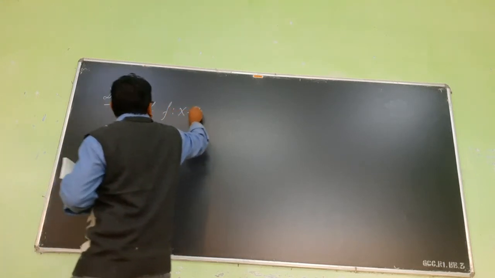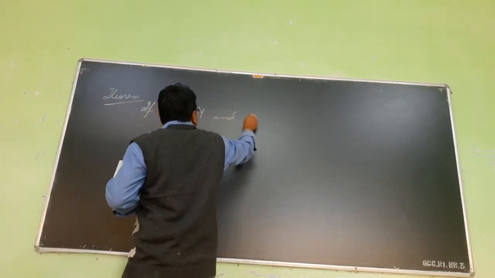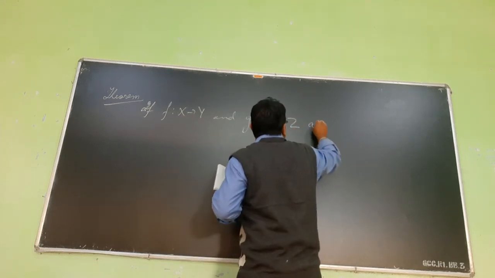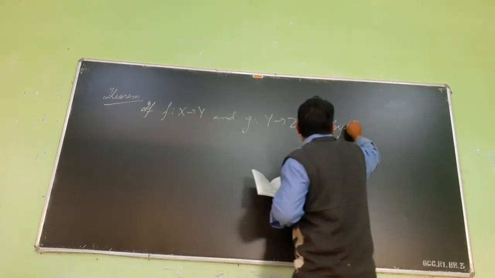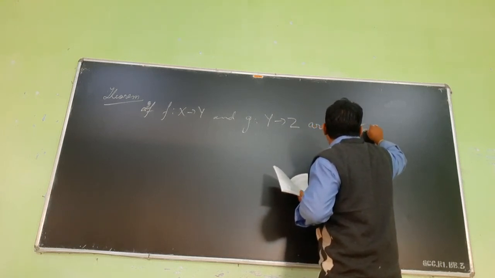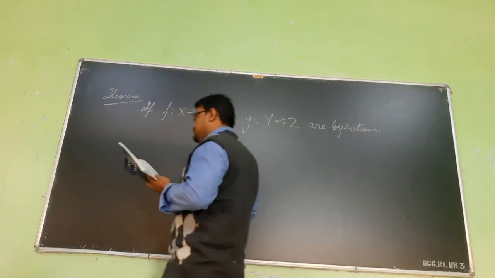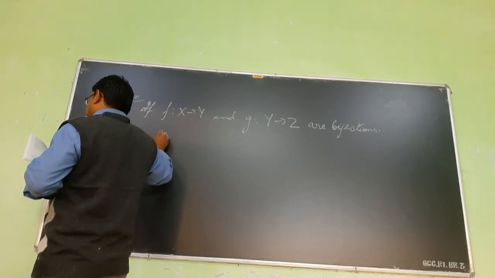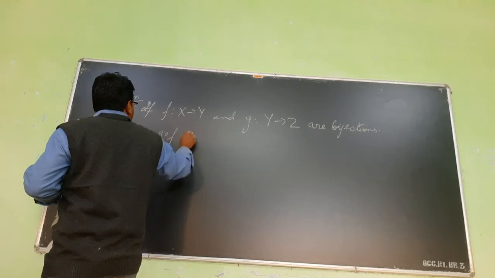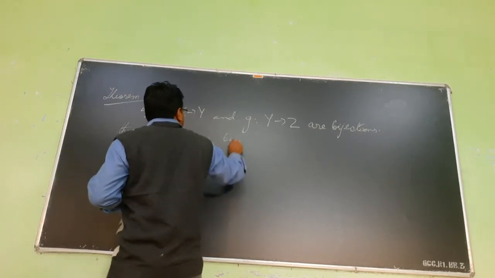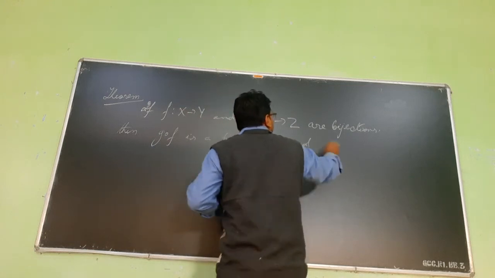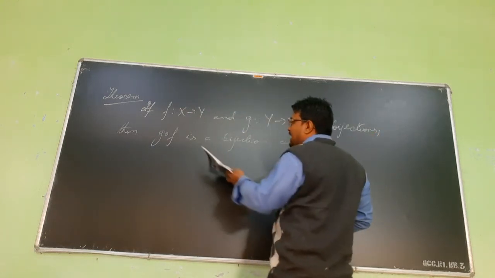If f is a function from X to Y and g is a function from Y to Z are bijections, then g∘f is a bijection, and so the first part I have already done.